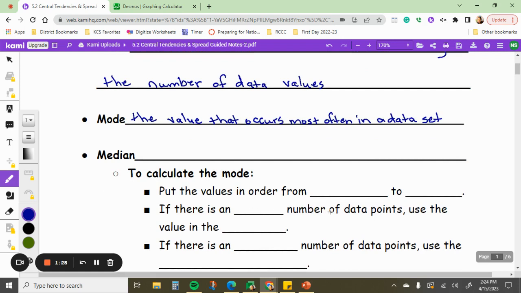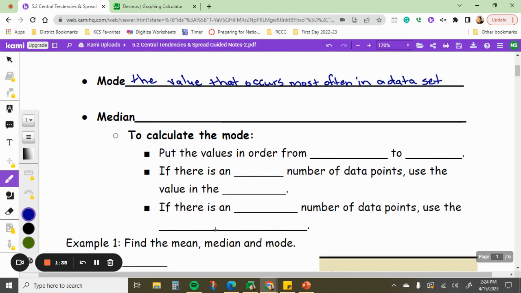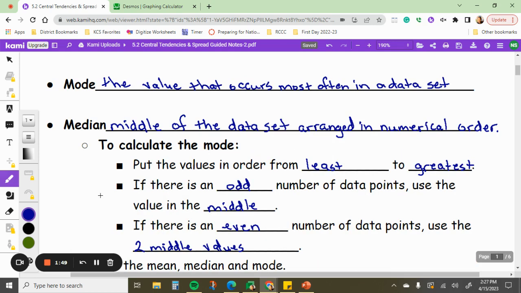If there's an odd number of data points, use the value in the middle. That's the median. And if there's an even number of data points, we're going to use the two middle values and take the average of those two middle values. So let's go ahead and write that information down, the definition and the steps to calculate the median. Pause for a moment so you can get that information.